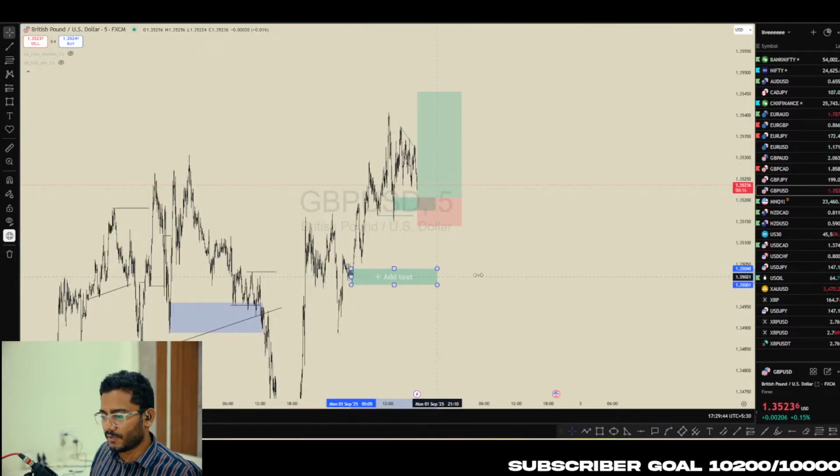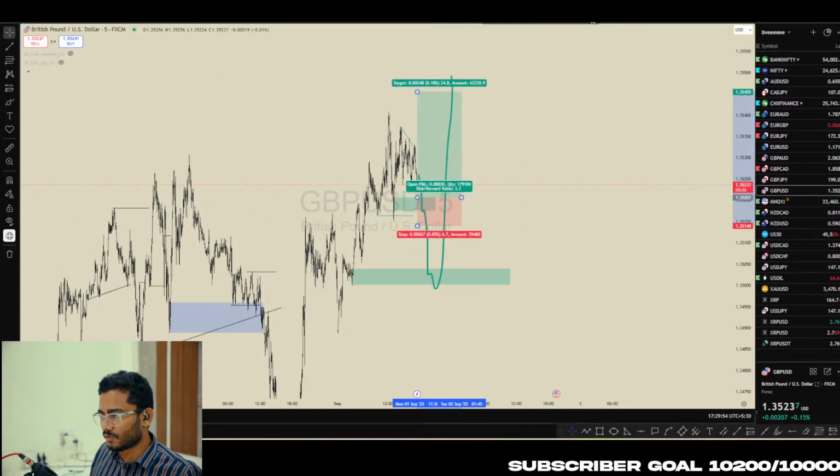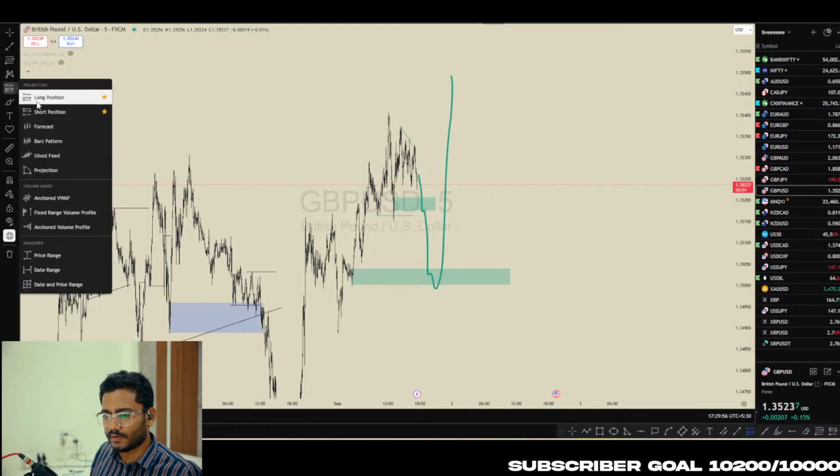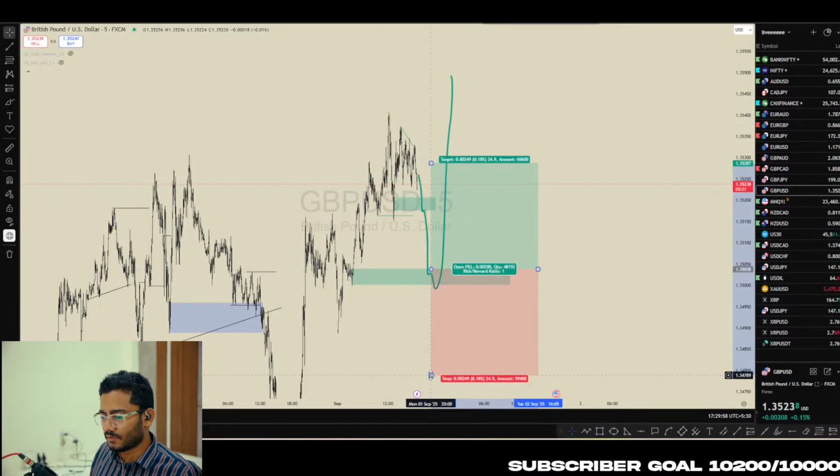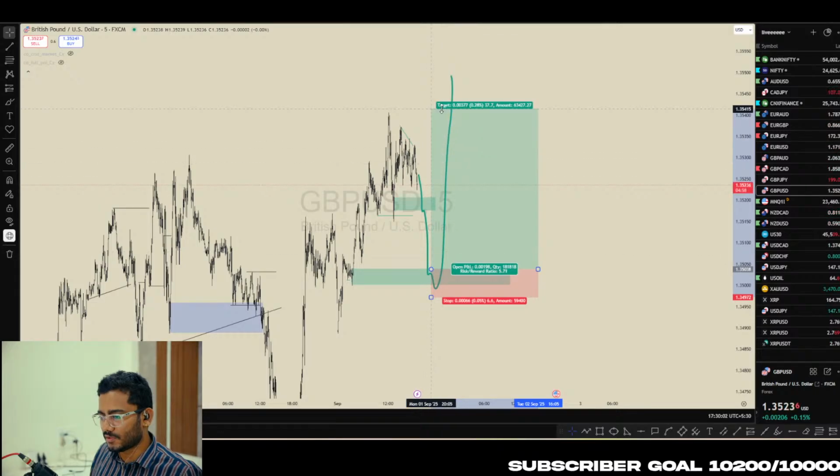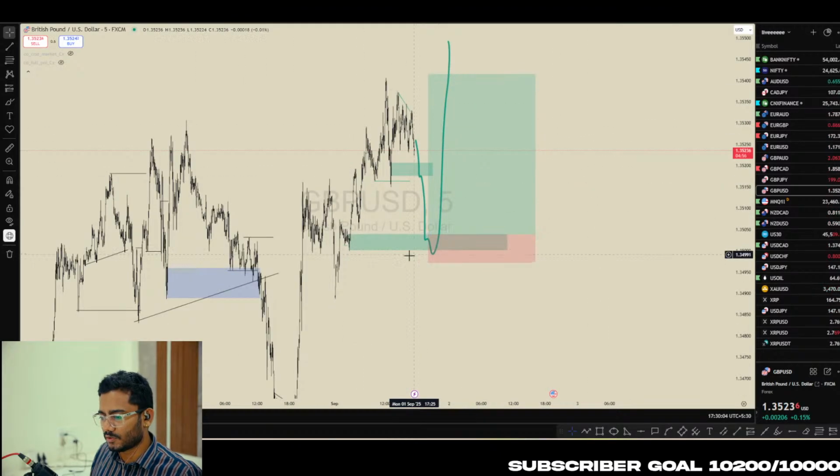This is our another POI. If this fails and if price continues directly without giving us engulfing, then probably it can react from this area. So if price does that, then we'll look for buy side from here. Stop loss below this low. And now we have this nice 1:5.